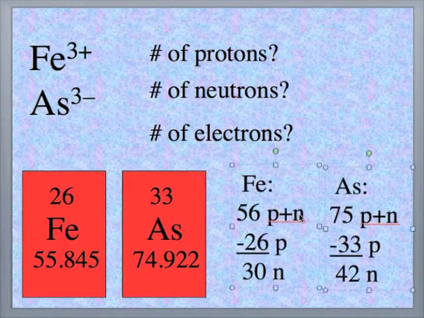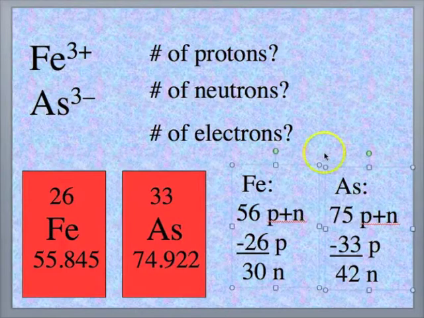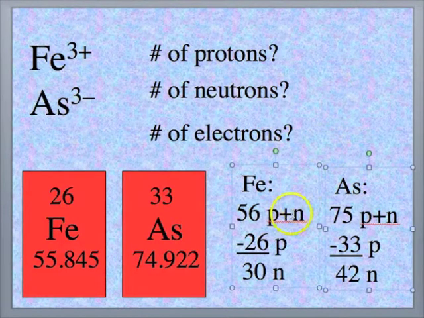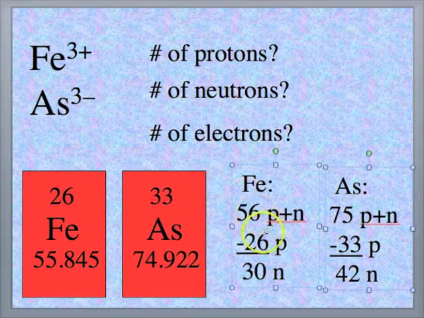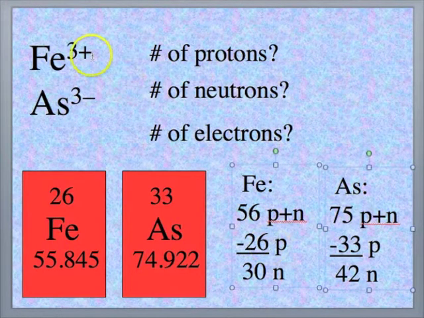All right, this is how you would put this together. We did the iron already. It has 26 protons, 30 neutrons. But now the number of electrons is not the number of protons anymore, because we have a +3 charge. You see that?